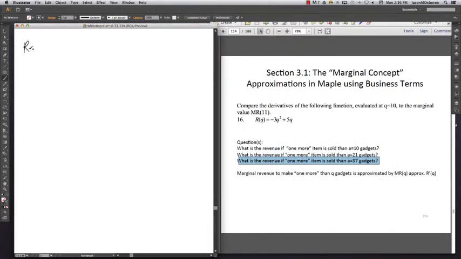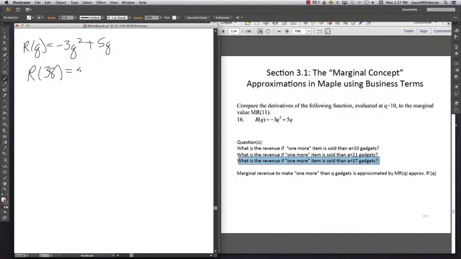You have your revenue function, the same function as before, so that hasn't changed: minus 3q squared plus 5q. What is the revenue if one more item is sold than 37 gadgets? You would have to find the revenue of 38 gadgets.